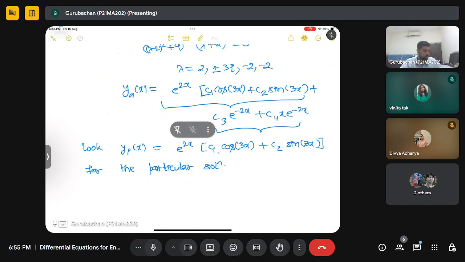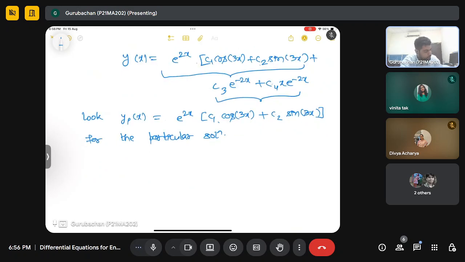So let me do the derivative here. Here we can also say this one is a general solution. We can calculate C1, C2 and put in the equation, and then we'll get the general solution.